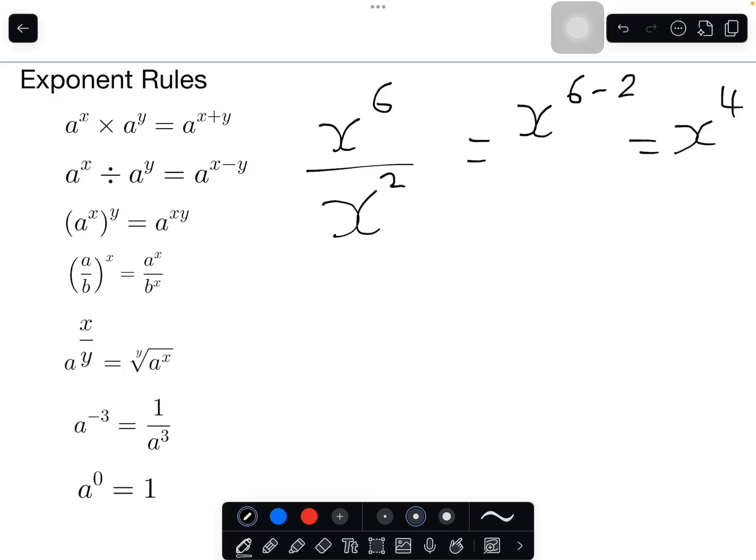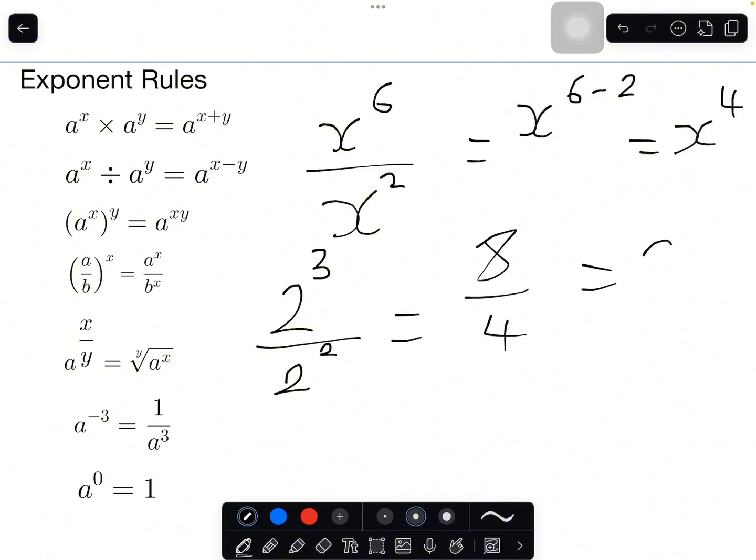Working with actual numbers, if I had 2, let's say to the power 3, divided by 2 to the power, let's say 2. Let's look at this. This will allow us to see it a bit better. So here we'll get 8 over 4, which would then give us 2.